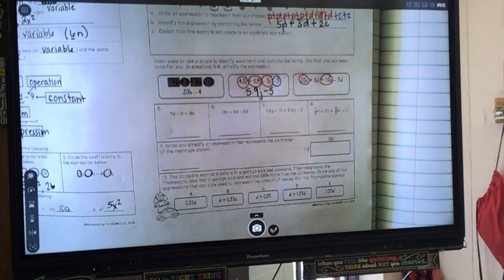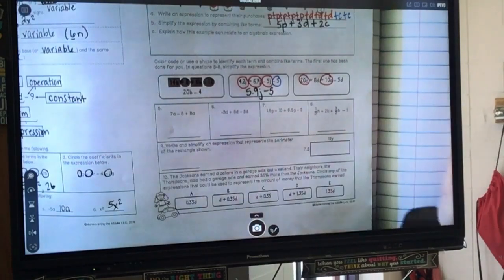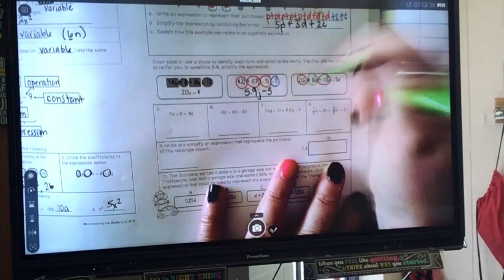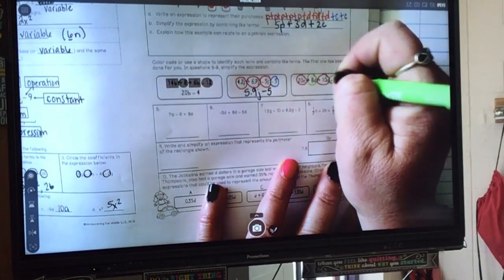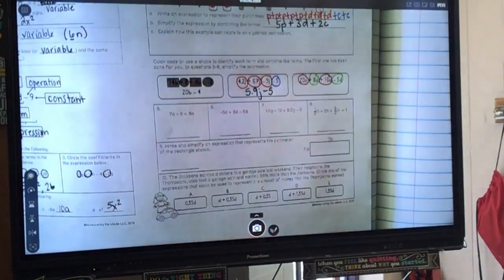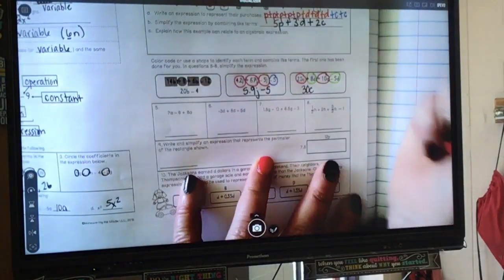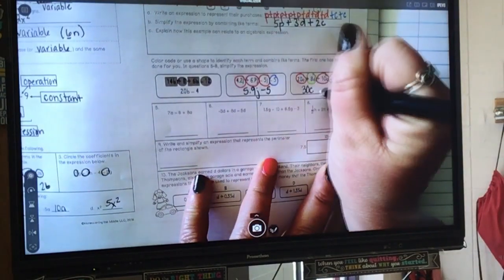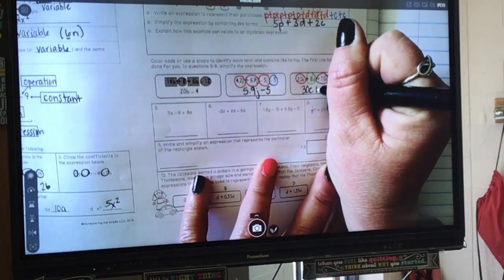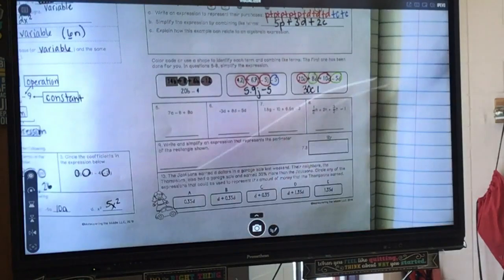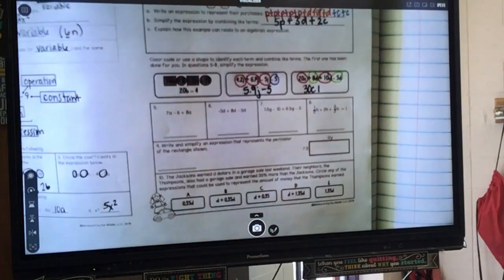And then what else? 8D and minus 5D. Justin, when you add 20C plus 10C, what do you get? 30C. And when you do 8D minus 5D, what do you get? I don't know if it's negative 3D or just 3D. That's why you include the plus. It's 3D.